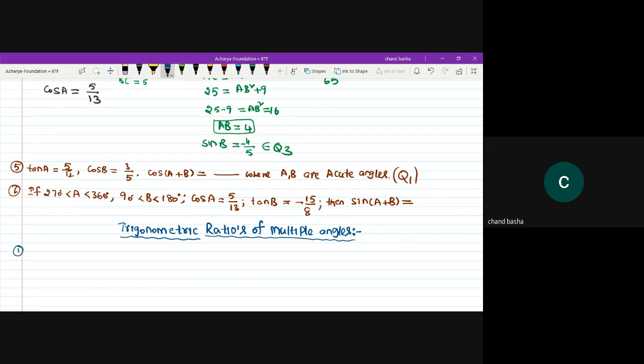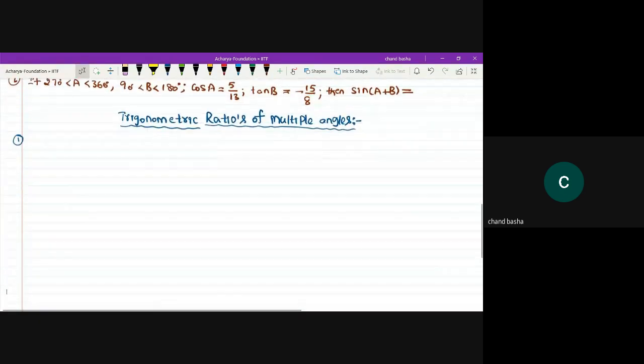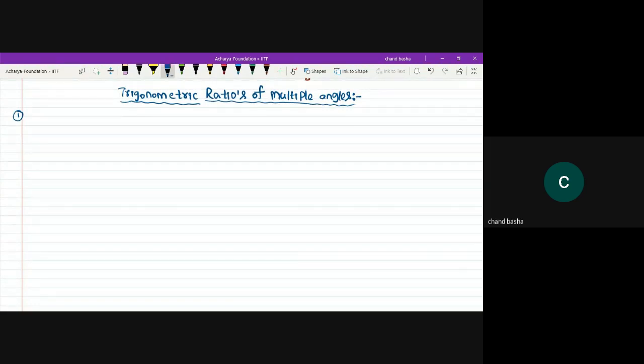As I said, if you are perfect in 50%, then it's very easy. First one, what we can call it as multiple angles.